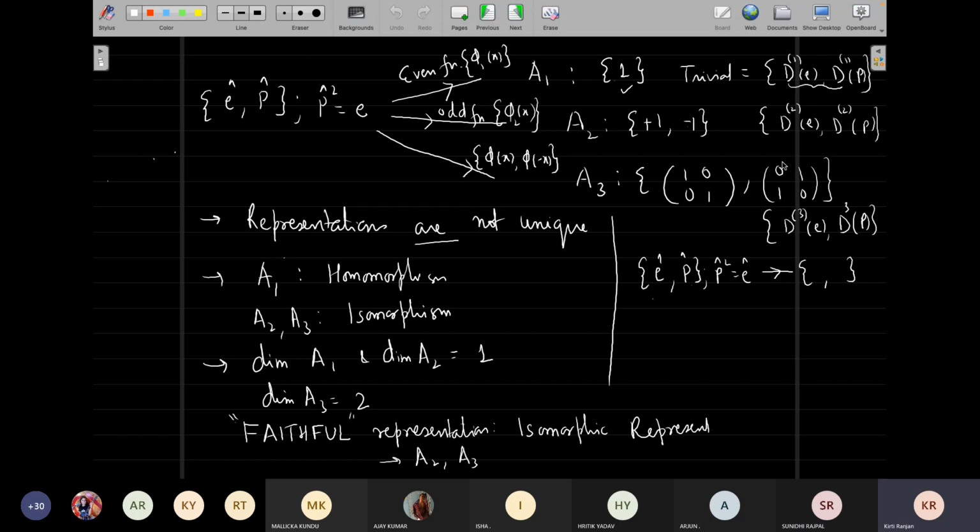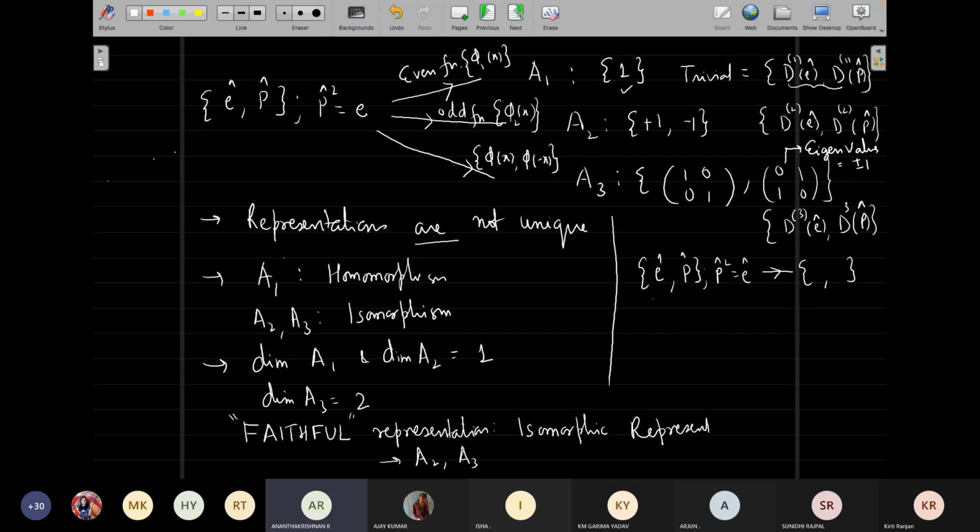Can you quickly tell me what are the eigenvalues of this D3P operator? What is the eigenvalue of this guy? Plus or minus 1. So if you diagonalize this matrix, what will be the diagonalized matrix structure?